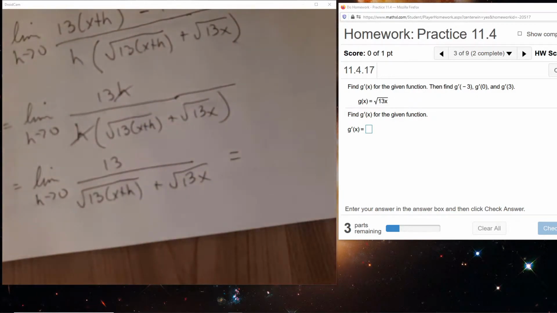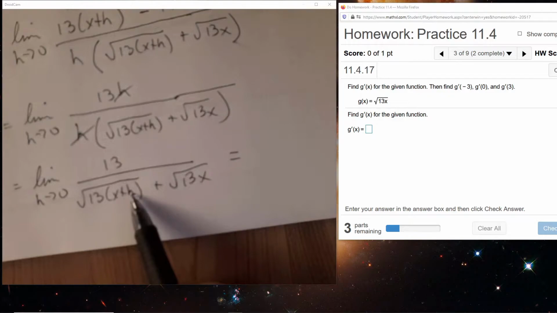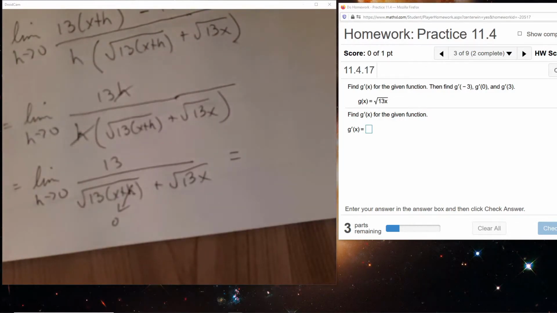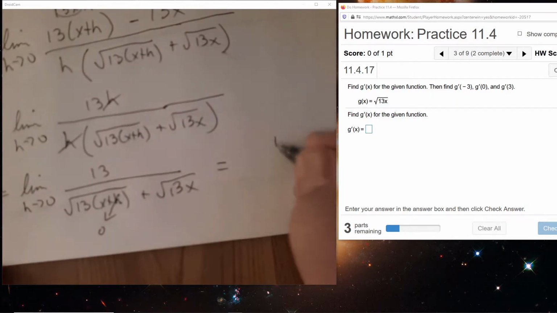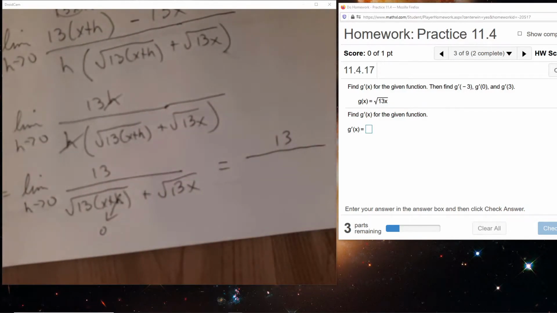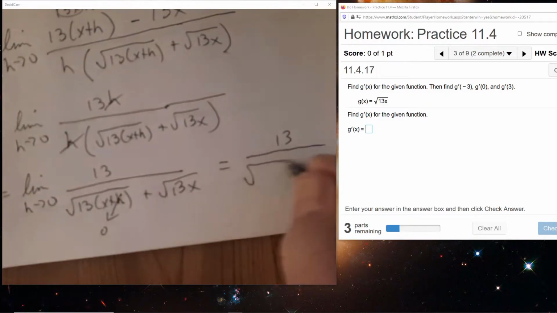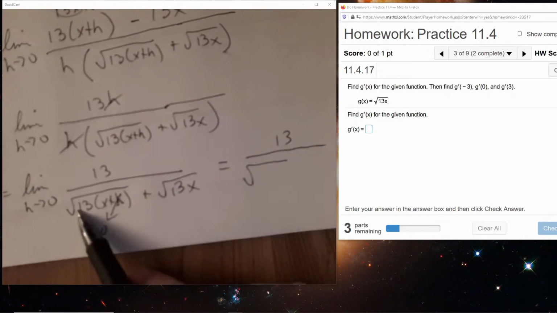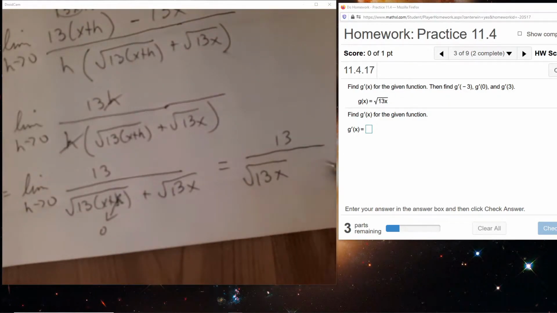Now as h goes to 0, so here's the only h right here, what's left over? Well, what's left over is a 13 in the numerator. And from this part here, the h is going away, so we just have square root of 13x, and then plus the square root of 13x.